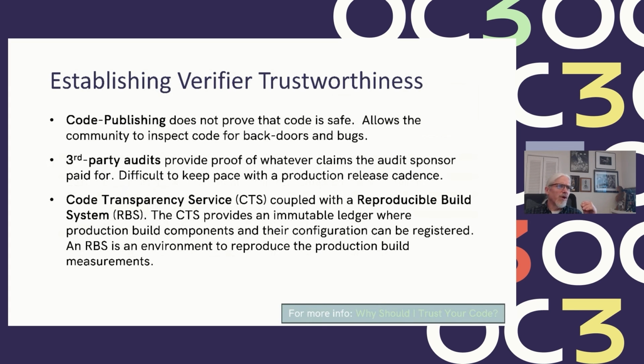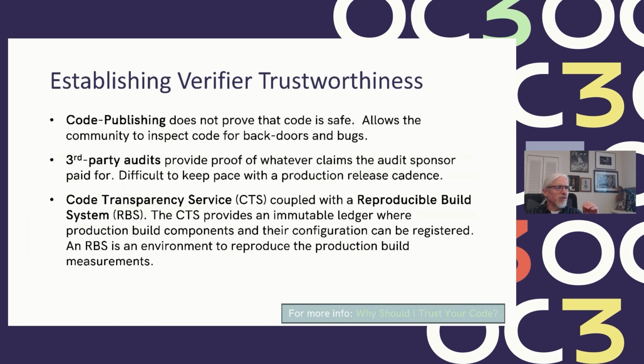Another way to approach this is through a code transparency service coupled with a reproducible build system. I'm not going to get into that. That's a several-hundred-page document, and you could argue about that for a while. But essentially, a code transparency service provides an immutable ledger where production build components and their configurations can be measured, and then those measurements can be registered.